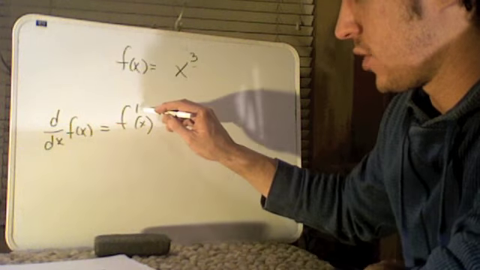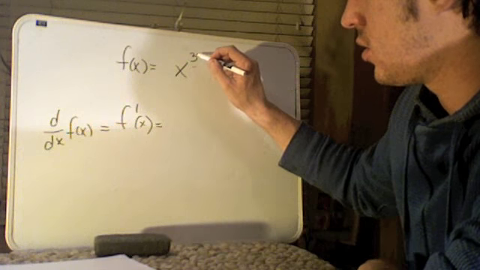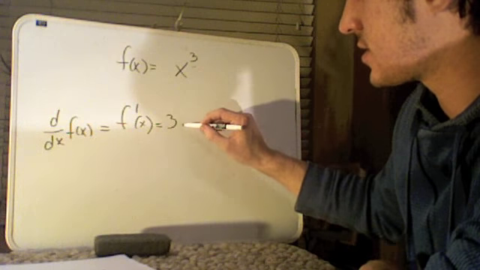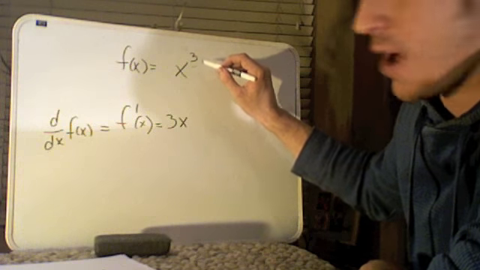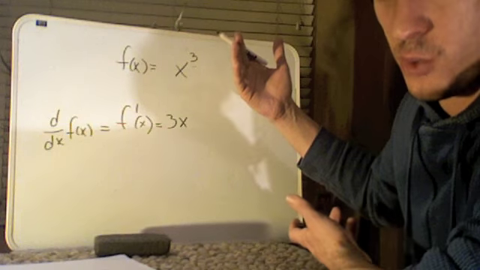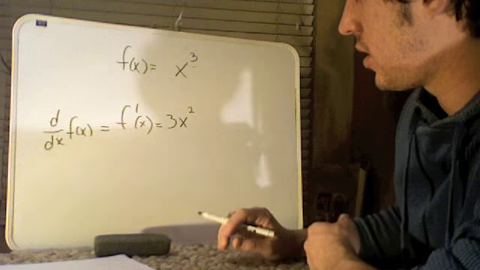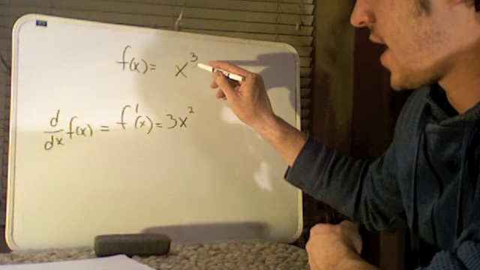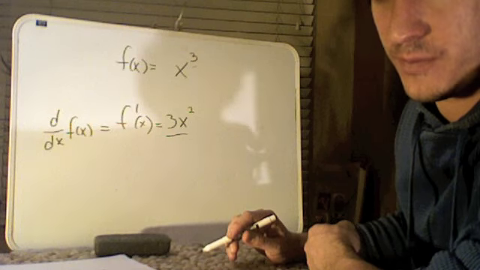The derivative, f prime of x, is equal to, we bring down the 3, so the 3 comes out in front of the x, put the x there, and then we subtract 1 from the power. So 3 minus 1, what? 2. So 3x squared. So if our function is f of x equals x cubed, the derivative is 3x squared. Okay?